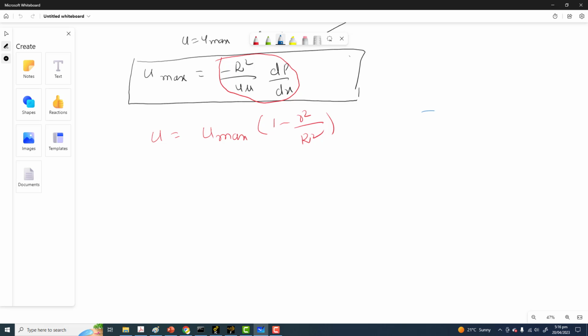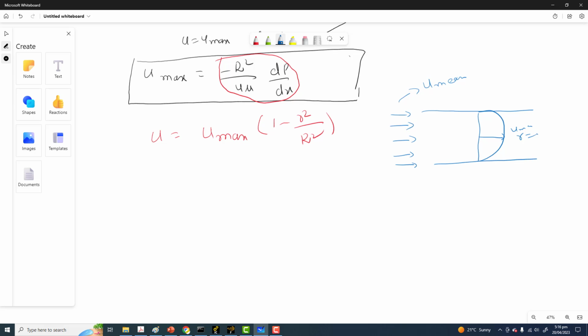If we take a pipe here, you will see that the velocity profile will look like this, a parabolic velocity profile. Okay, so the u maximum is over here. This is where r is equal to 0. So this is the u maximum. The issue is that, usually speaking, at the pipe inlet we are given the velocity inlet, and this is basically a u mean.